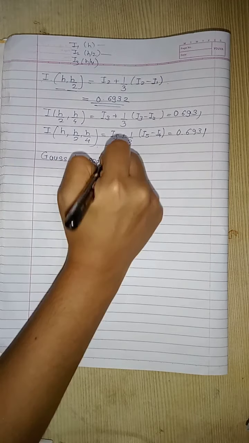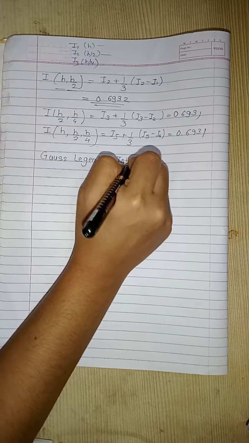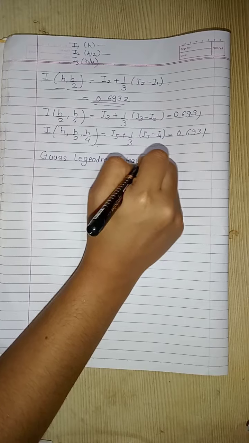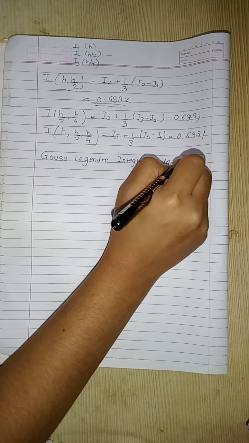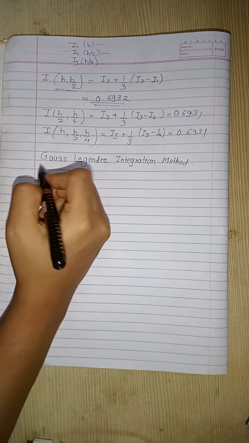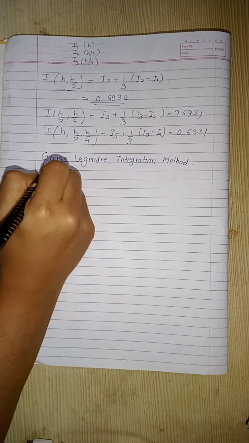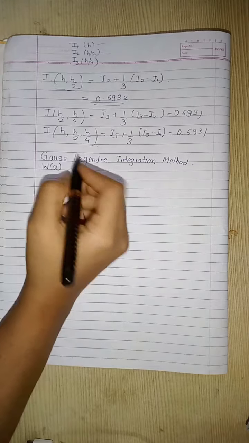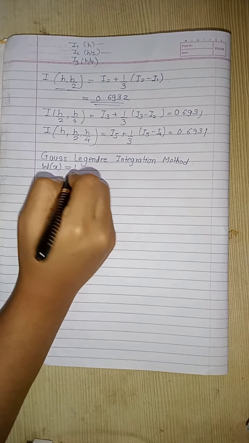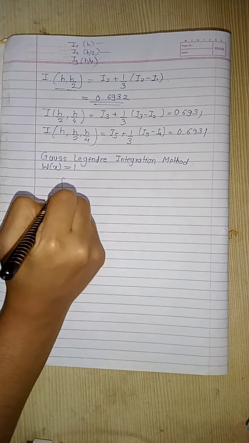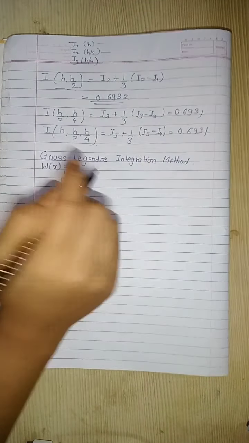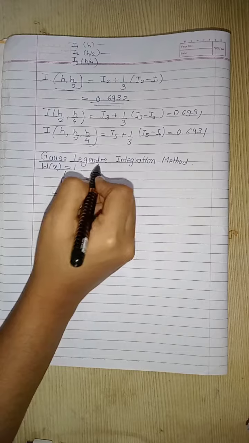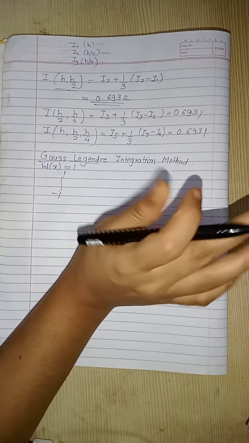Gauss-Legendre integration method. So in this method, let us consider weight of function, that is w of x, to be 1. Okay, and what we know is that the limit of integration should be from -1 to 1 always in terms of Gauss-Legendre integration method.